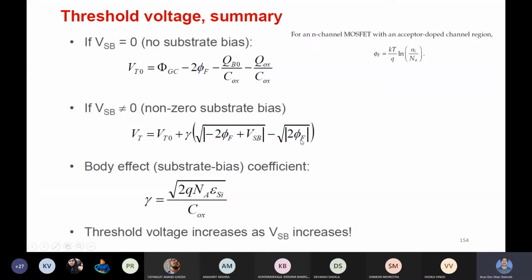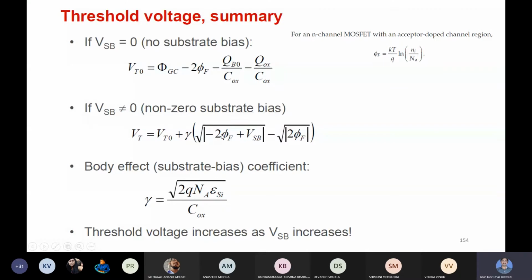The Fermi potential for an n-channel MOSFET, where the substrate is p-type, is given by phi f equal to kT by q ln ni by Na. Ni is the intrinsic carrier concentration of the silicon substrate, and Na is the doping concentration of the p-type substrate. So this is the phi f calculation.